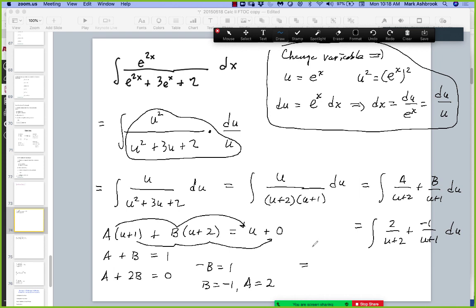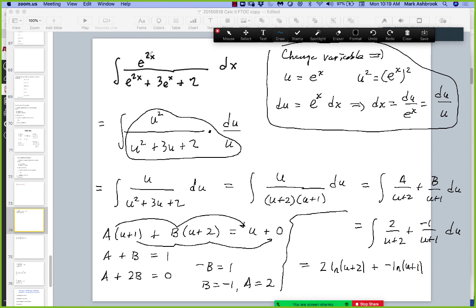And then this is pretty basic here: 2 times natural log of u plus 2 plus negative natural log of u plus 1. Are we done? No, you have to resubstitute. Our problem was given in terms of x.